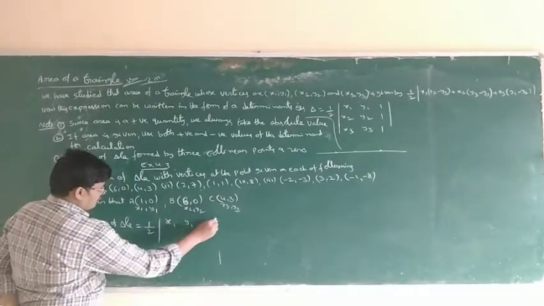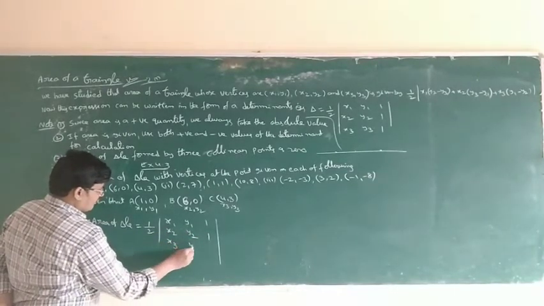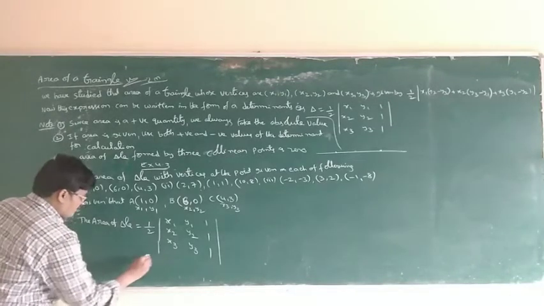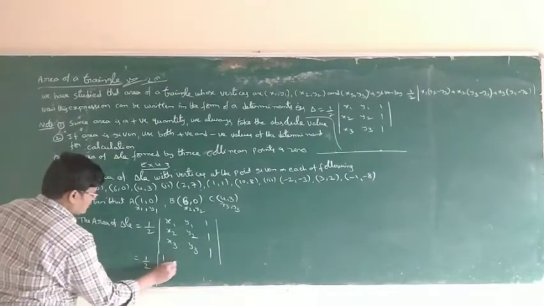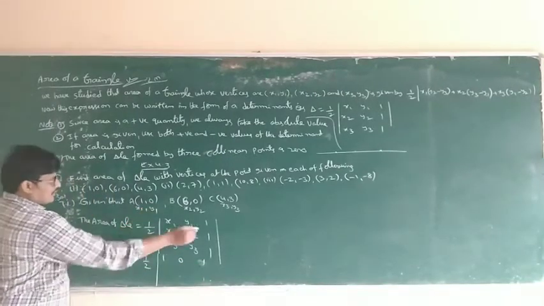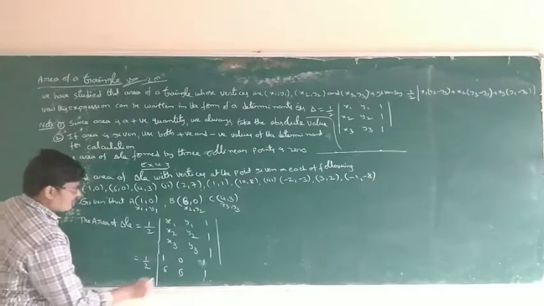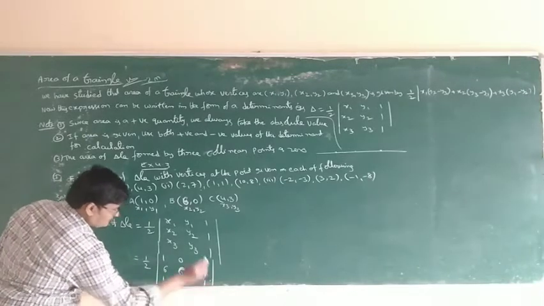The formula is the determinant with rows x1, y1, 1; x2, y2, 1; x3, y3, 1. So that is equal to 1 by 2 into the determinant with rows 1, 0, 1; 6, 0, 1; 4, 3, 1.